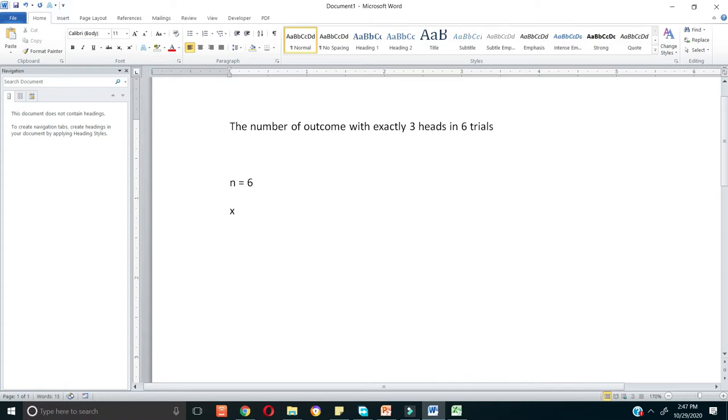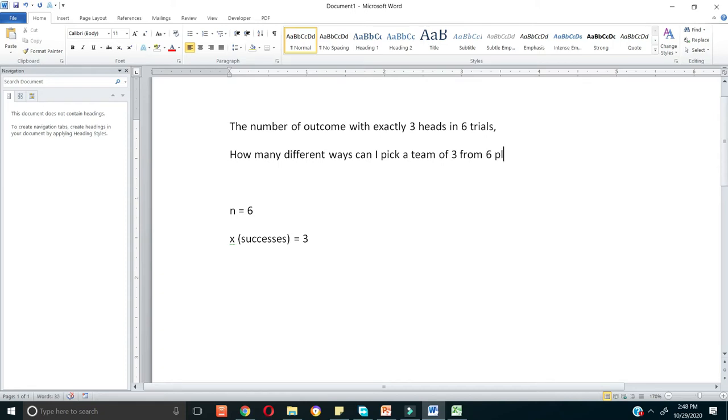So x, what we refer to as the number of successes in the usual statistical jargon, is going to be 3. So this is really a combination. This would essentially be the same thing if I asked how many different ways can I pick a team of 3 from 6 players?